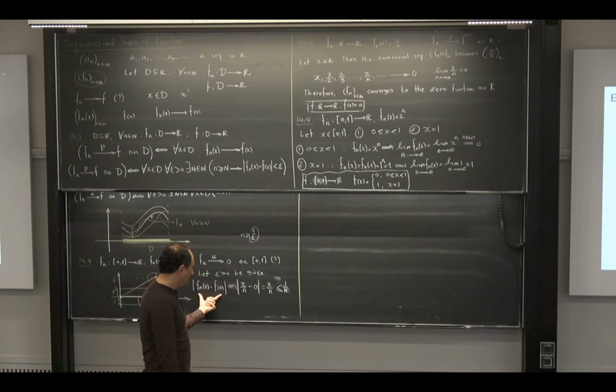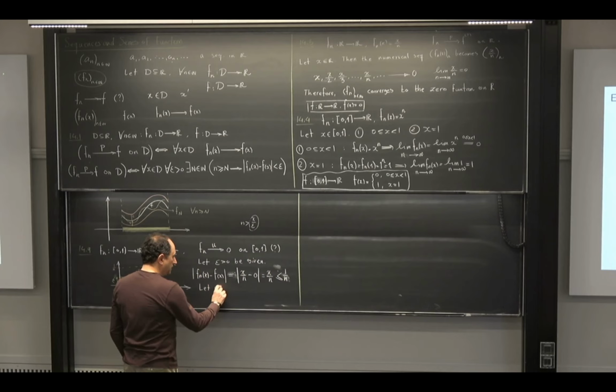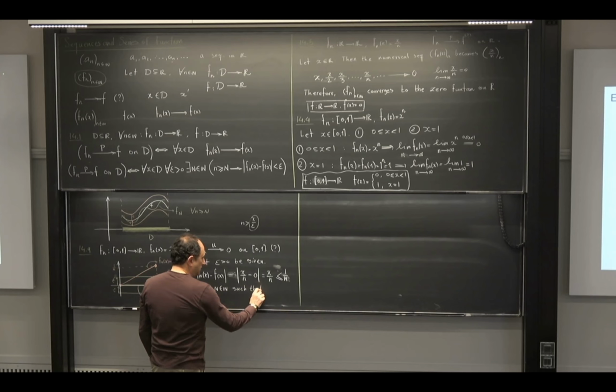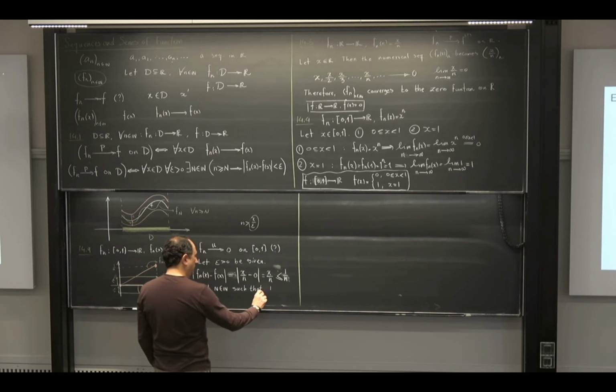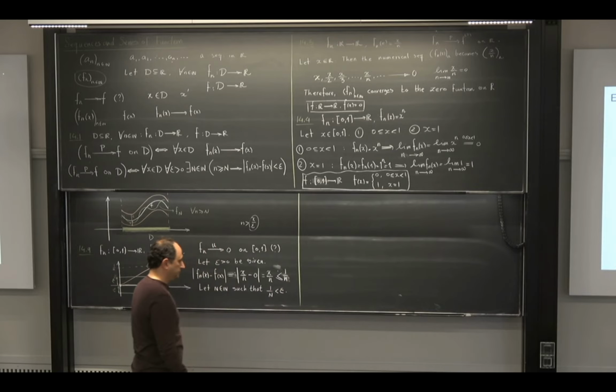Because this is already less than that one. So I would say that let n be a natural number such that 1 over n is less than epsilon.